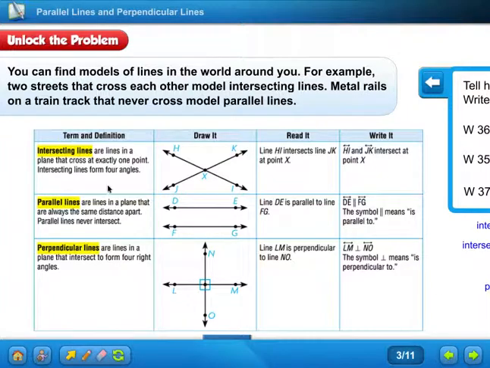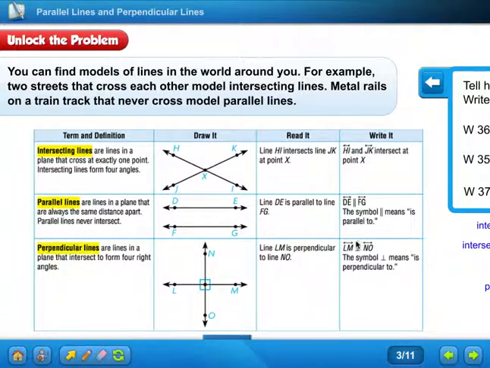Intersecting, they just crossed at a point. Parallel, remember the two L's, never crossed. And perpendicular, perfectly 90 degrees. Those were our 3 different kinds of lines that we learned about today.